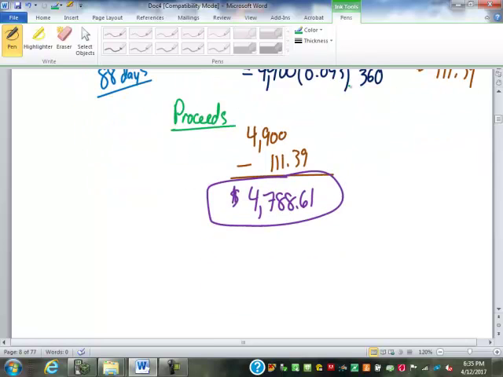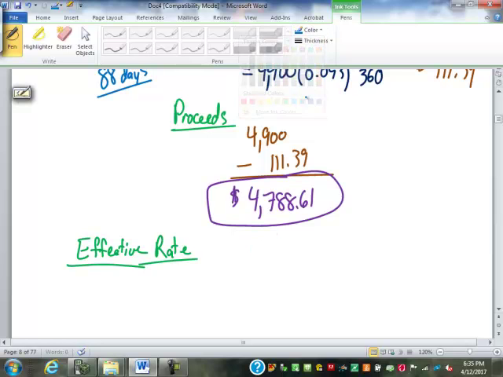So now effective rate, because our time isn't quite so clean here, is going to be a little bit trickier, but not much. What goes first here? Careful. We have to start with the amount of interest, the discount, the $111.39. Then it is the 4,788.61.